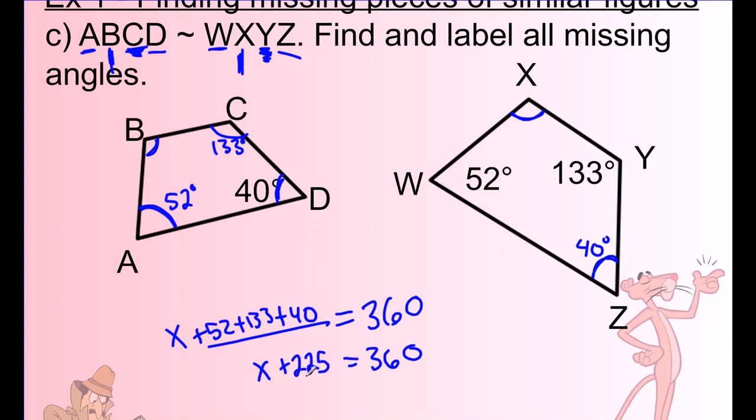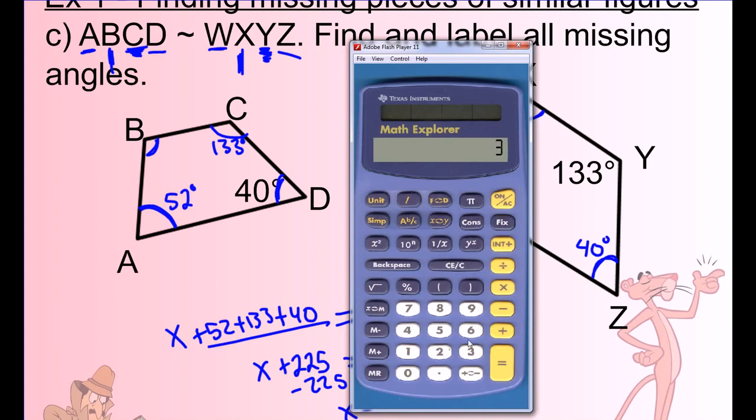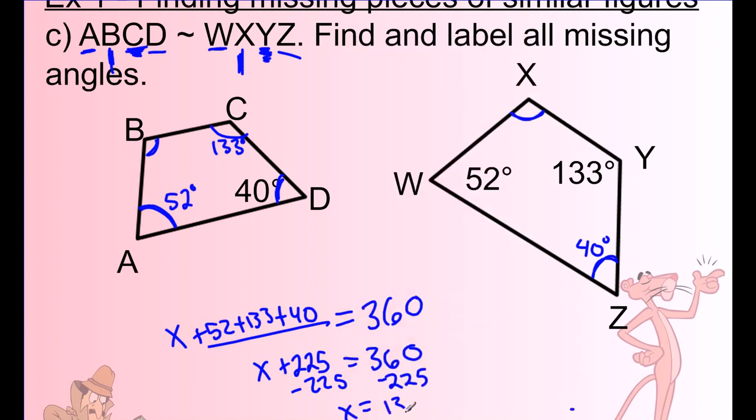And then solve the little dinky equation. Subtract 225 on both sides. And x equals 360 minus 225. 135 degrees. So that is my angle x, 135. That's the missing piece needed to make all four of these add up to 360.